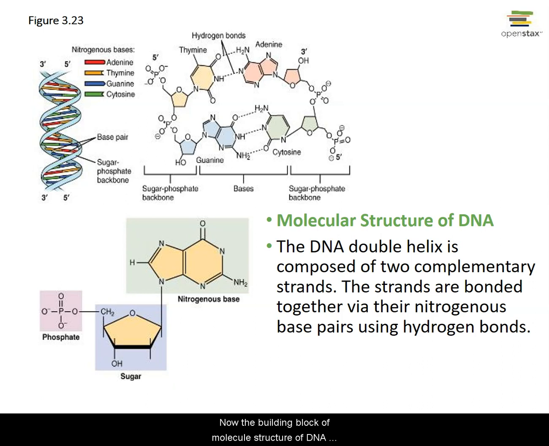Now, the building block, the molecule structure of DNA. The DNA is a double helix. This is called a double helix, okay? It has this spiral shape, and it has two halves, two complementary strands. The strands are bonded together via nitrogenous bases using hydrogen bonds.